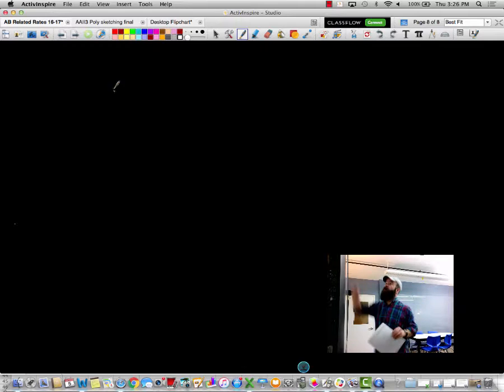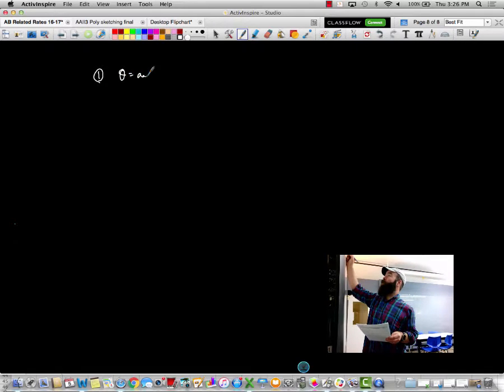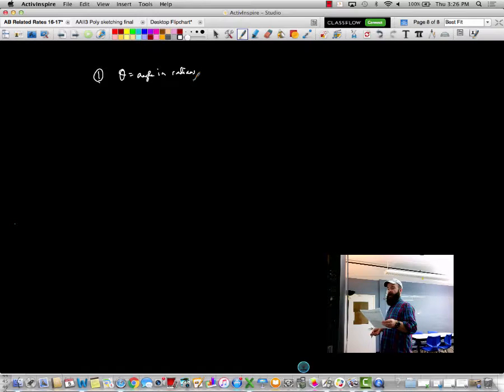And the first step was write the variables and what they mean. So in this problem, you have a theta, which is an angle in radians. And then you have that this is in a right triangle, and x and y are the lengths of the sides adjacent and opposite, so they're the two legs.